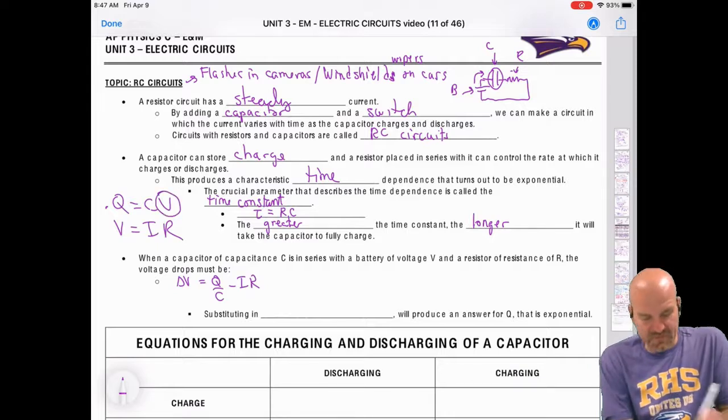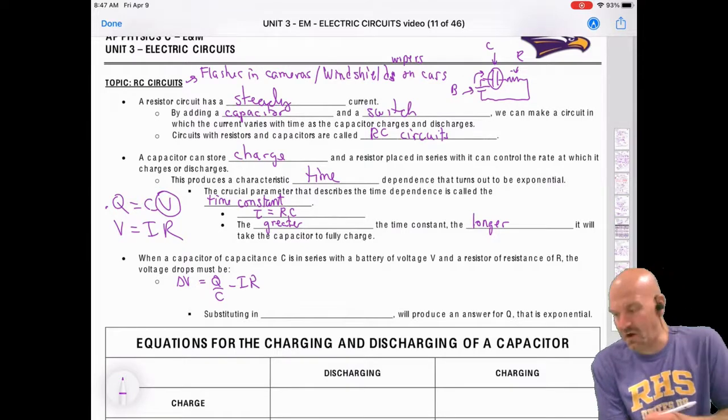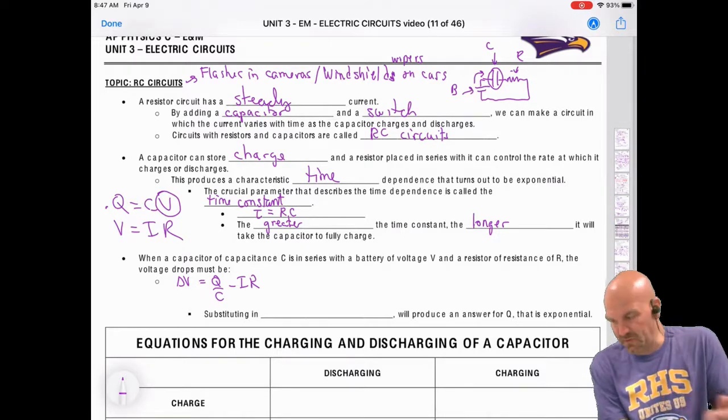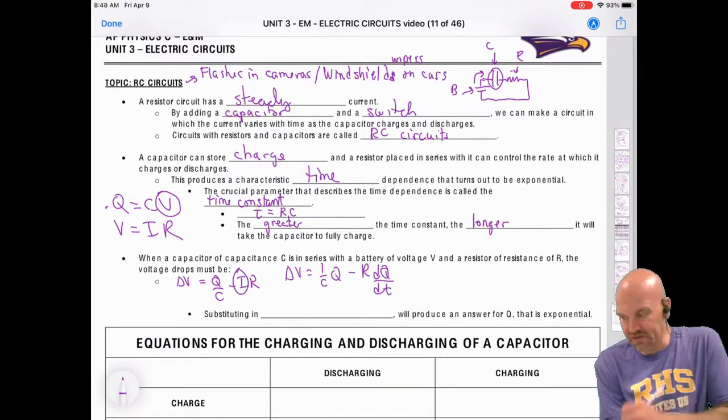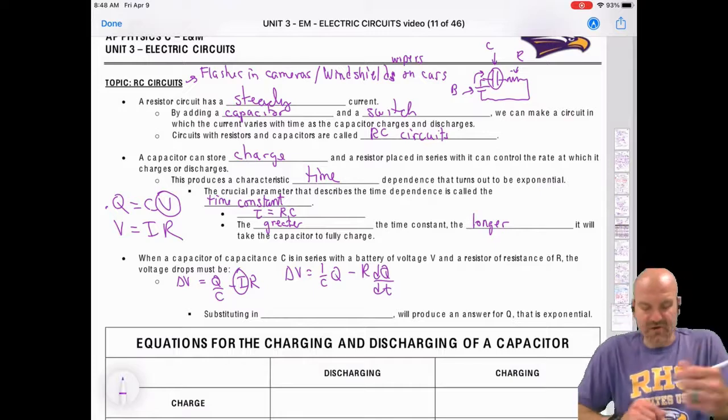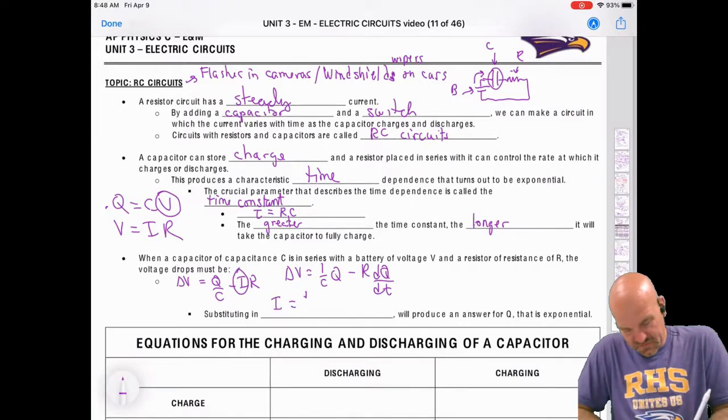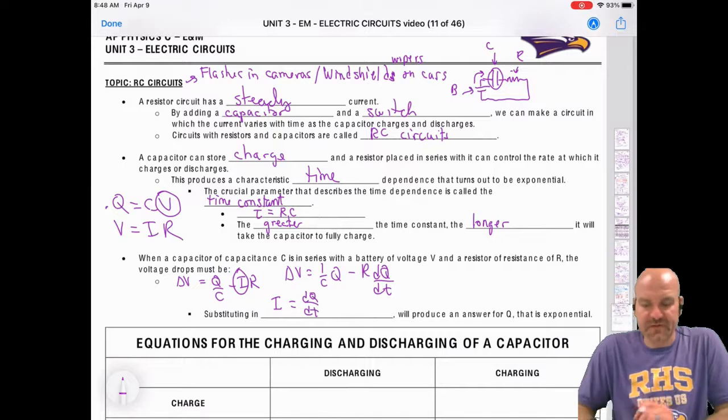So if we do a little bit of algebra here, which leads us to our differential equation, we say V = (1/C)Q + R dQ/dt, because I is dQ/dt. Substituting I = dQ/dt, that would give us our exponential relationship.